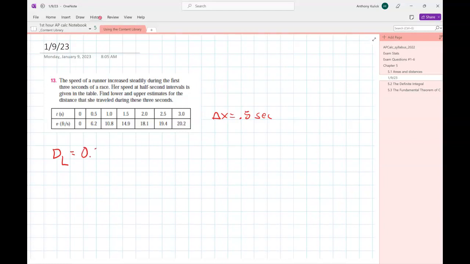So I'm going to have delta x times the height plus delta x times my next height. And I'll just go all the way down, but I'm not going to take the last one because the last height is the right endpoint for the last interval. So I don't need that one.